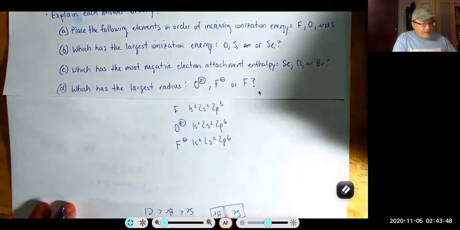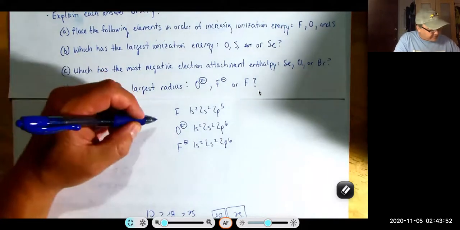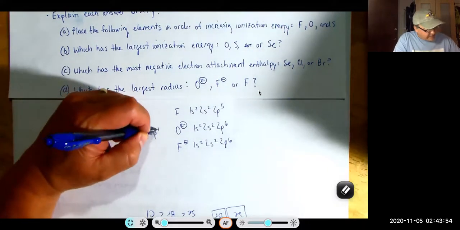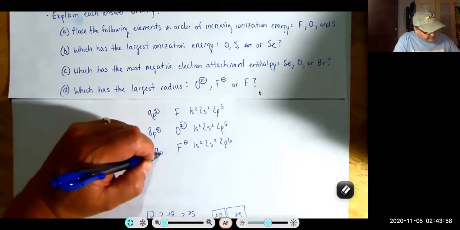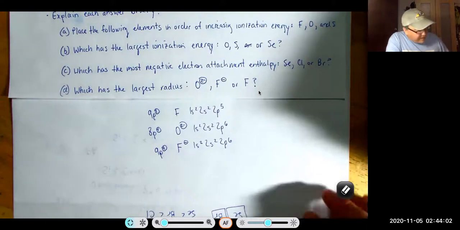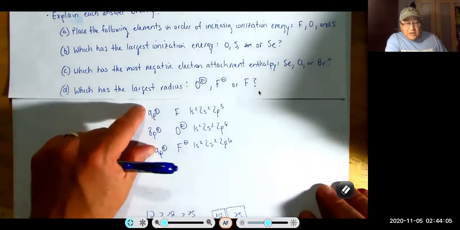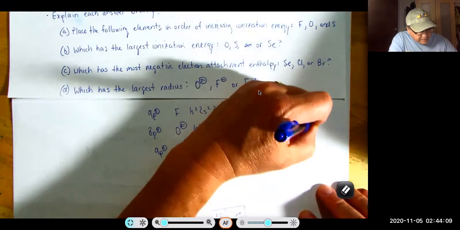Now, this is tricky because the number of protons in the nucleus is different. This is 8 protons, this is 9 protons, and this is 9 protons. So one thing we can say for sure is when you have the same number of protons, more electrons is bigger. So F minus will definitely be bigger than F.